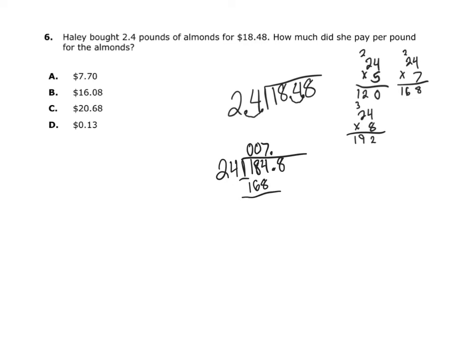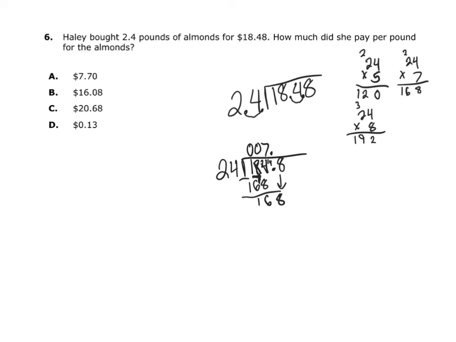We have to borrow. So, the 8 now becomes a 7. And 4 becomes a 14. 14 minus 8 is 6. 7 minus 6 is 1. Because remember that 7 right here, we had to borrow. So now we have to bring down that 8.